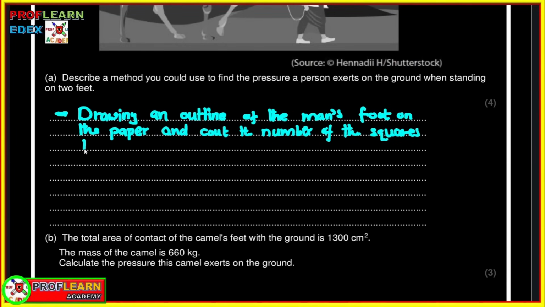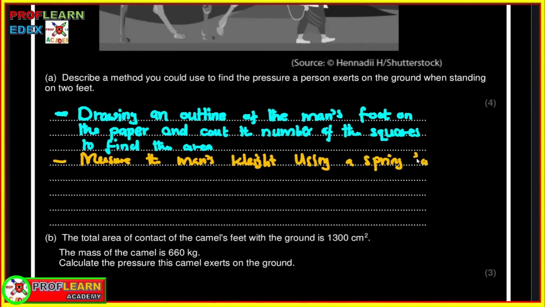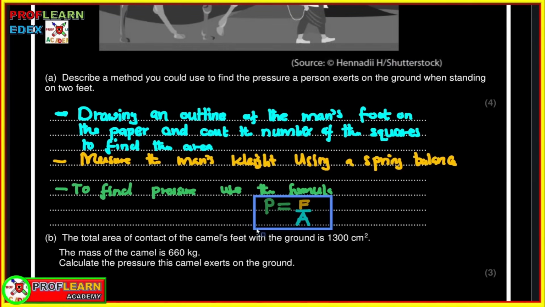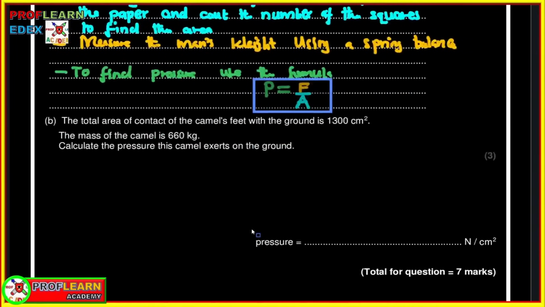The next thing, after we have obtained the area, is to measure the mass or the weight of this person using a spring balance, so that we know the force this person exerts. Then we use the formula pressure equals force over area in order to work out the pressure exerted by this man.